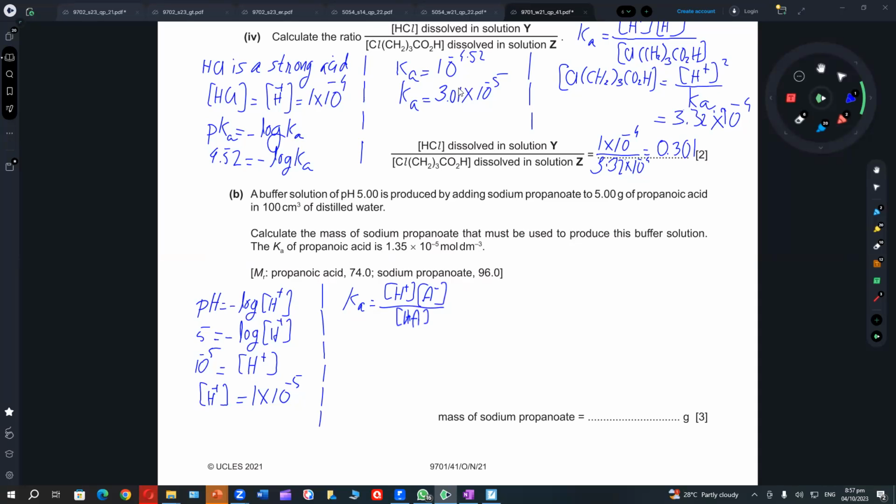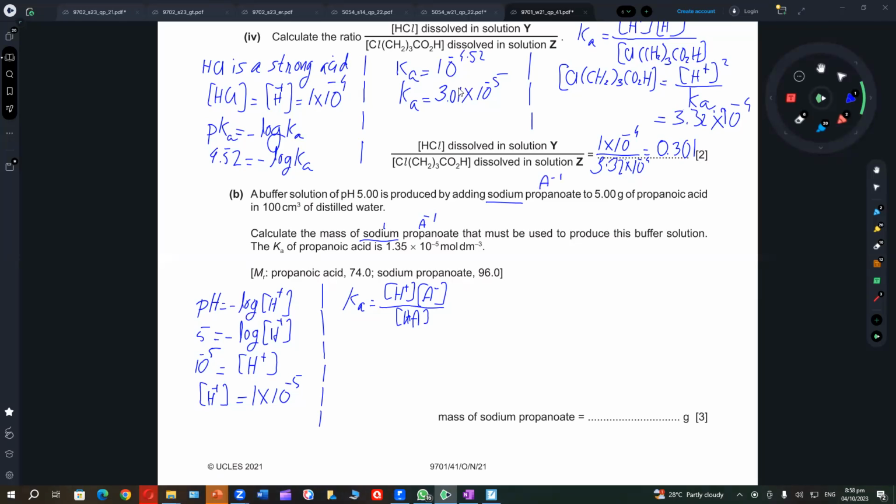We have the H plus, and it's a common ion issue because A minus is coming from the weak acid and also from the soluble salt. Sodium is the common feature here. So propanoate ions are coming from the weak acid in a limited number, and from the sodium propanoate also. So this is my A minus.